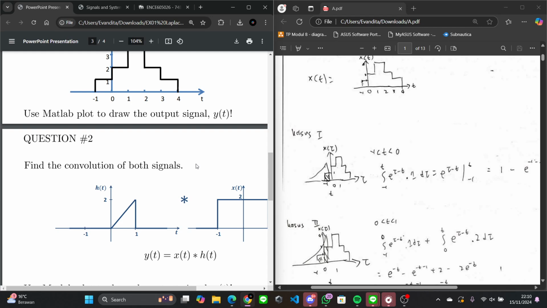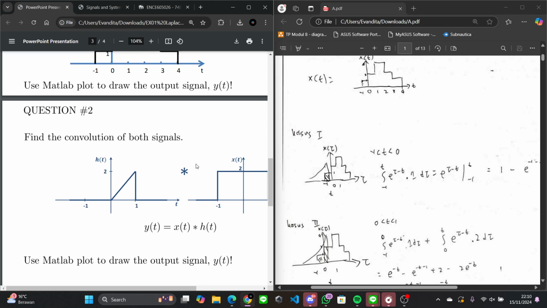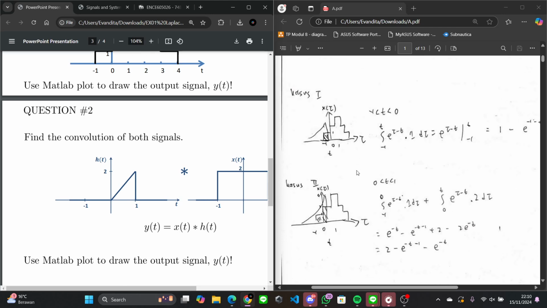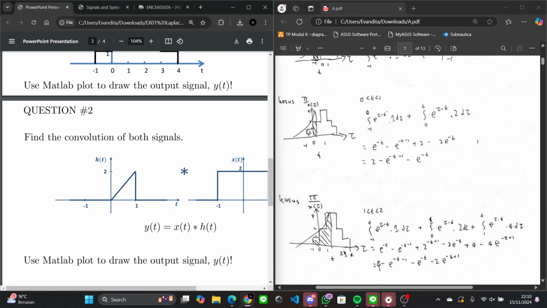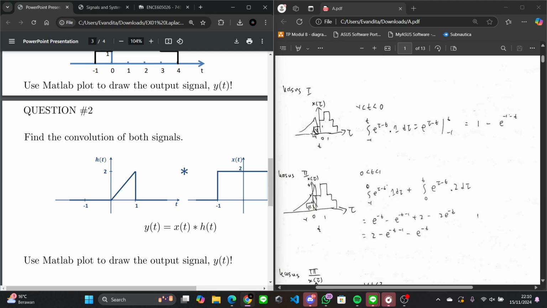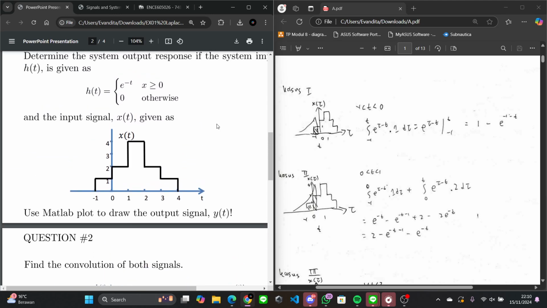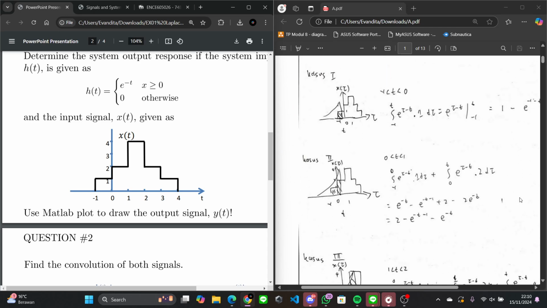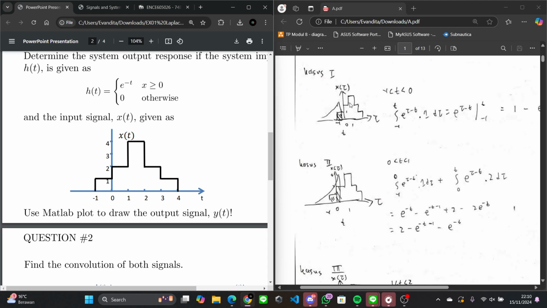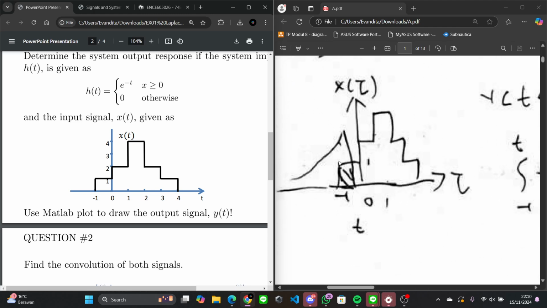First of all, we need to split the operation into cases. Here I split it into many cases. In case one, this function is trying to enter the signal.